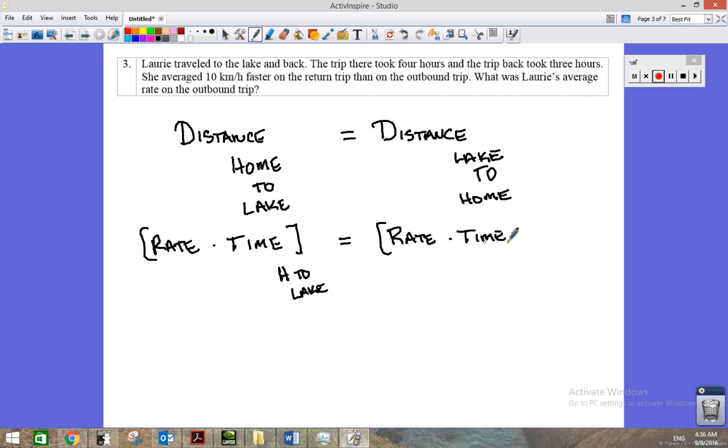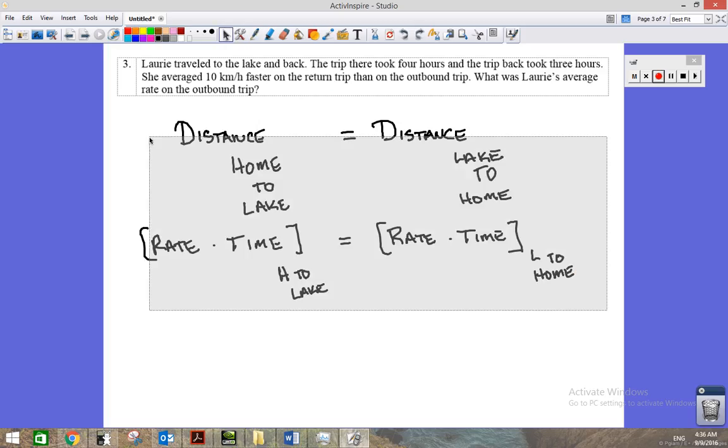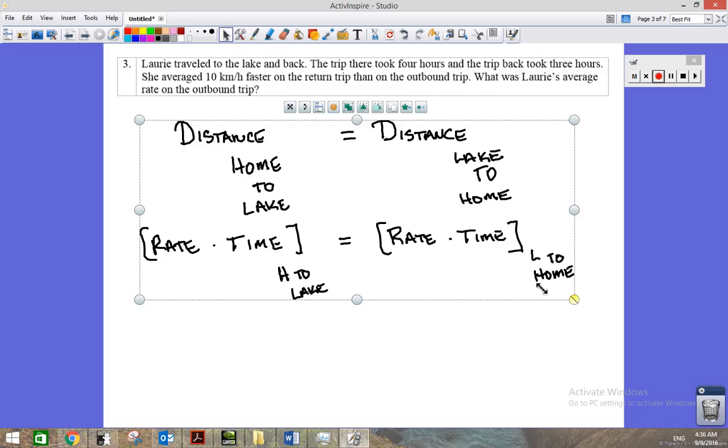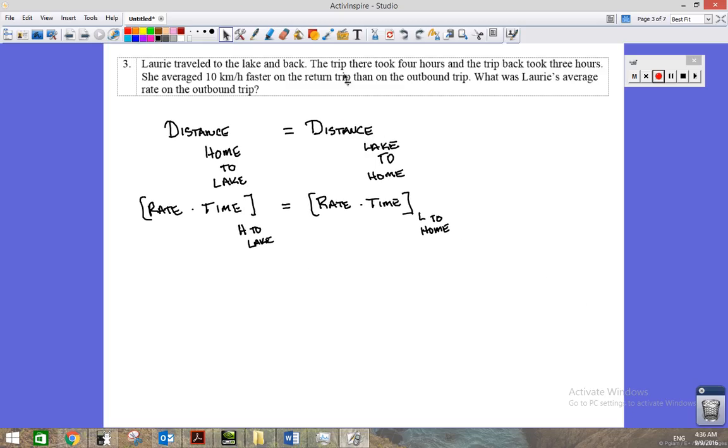And here on the right-hand side, when you're going lake to home. All right. So the trip there took 4 hours. So for this time on the left-hand side to get to the lake, it took 4 hours.